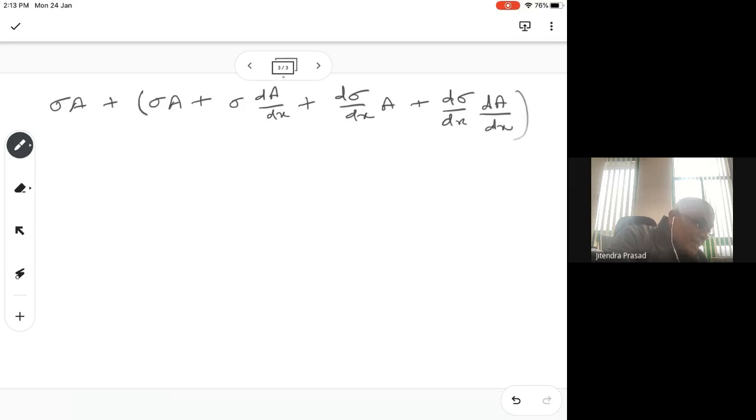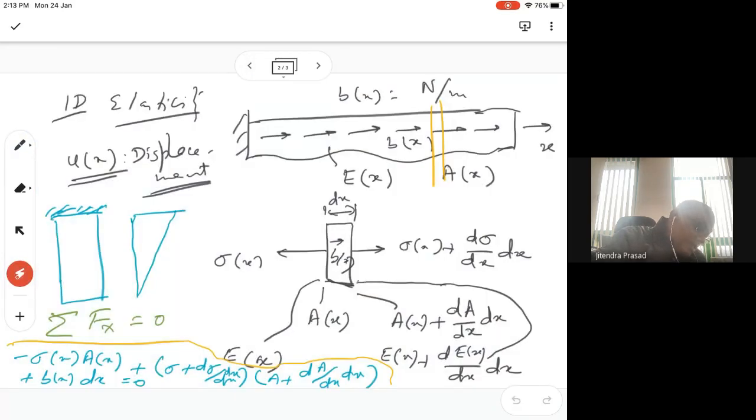So I have expanded this term. So this multiplied by this multiplied by this, then this multiplied by this, then this multiplied by this.